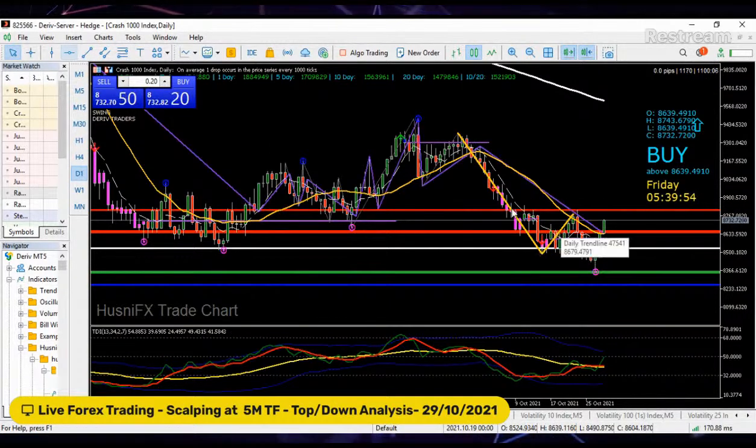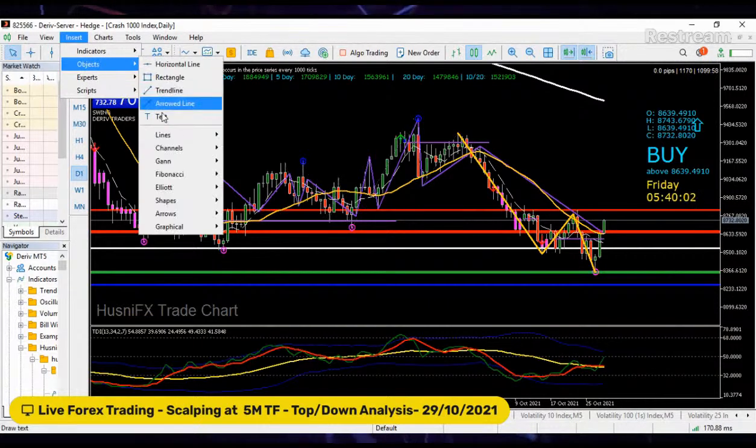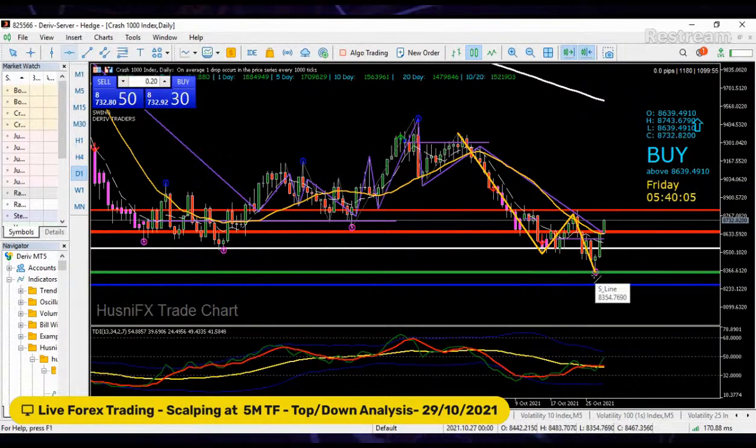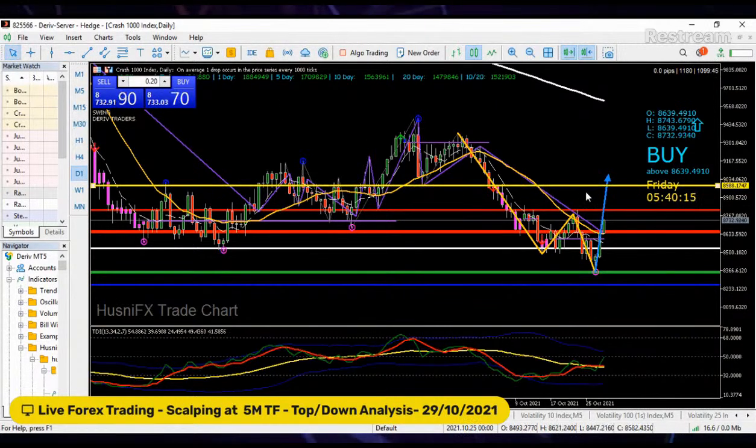Some guys or new pip traders don't know what's going on here, but the professional guys know the secret of the market, and that is how they make money all the time. So the target should be this area. I mean, you should place your TP below that yellow line. So there is the target.